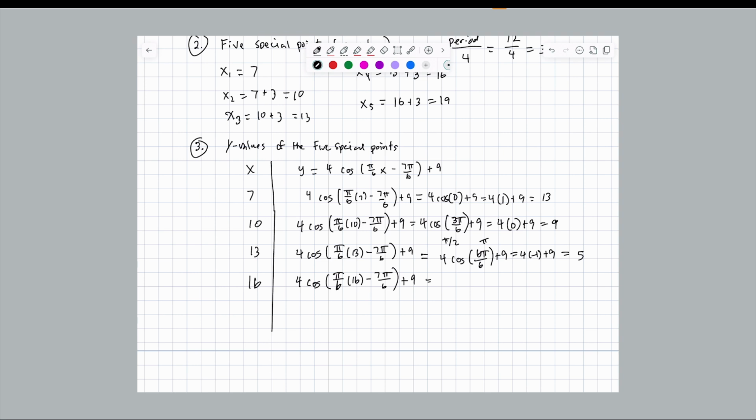So that's going to give us 4 cosine of, let's see, 16 pi over 6 minus 7 pi over 6 would give us 9 pi over 6, and then plus 9. So that's cosine of 3 pi over 2, right? And we know that cosine is 0 at 3 pi over 2, so we have 4 times 0 plus 9, so we get 9.